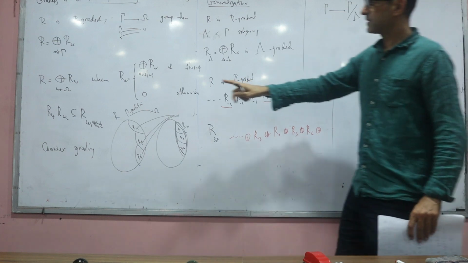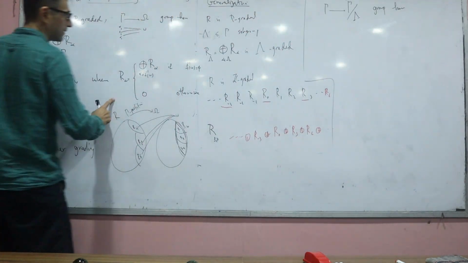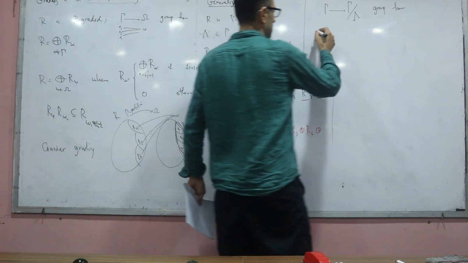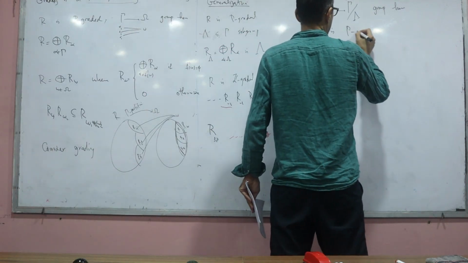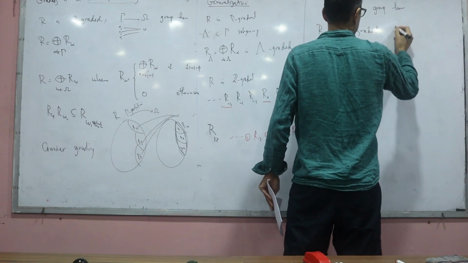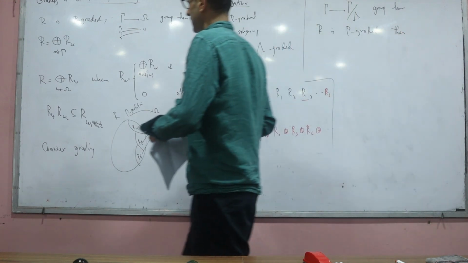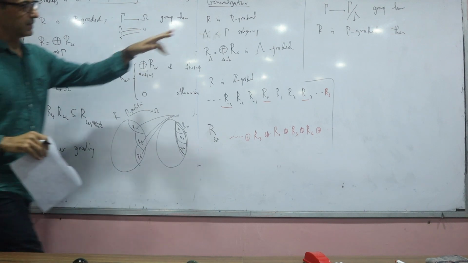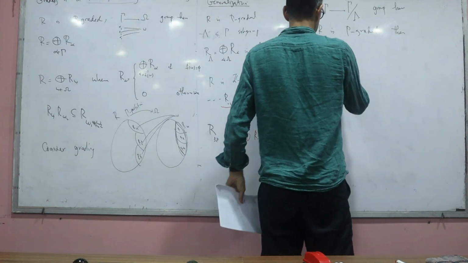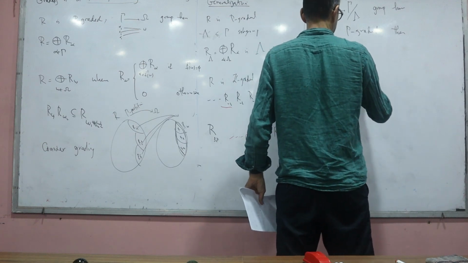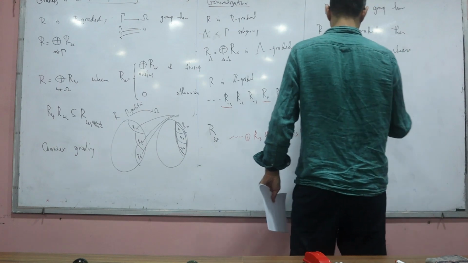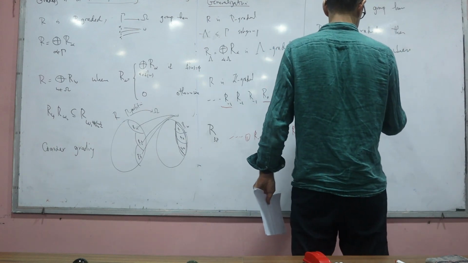Now can you write this down? So R is gamma graded. And with this technique, R becomes now omega graded, omega being this. Now you have to give me these components.